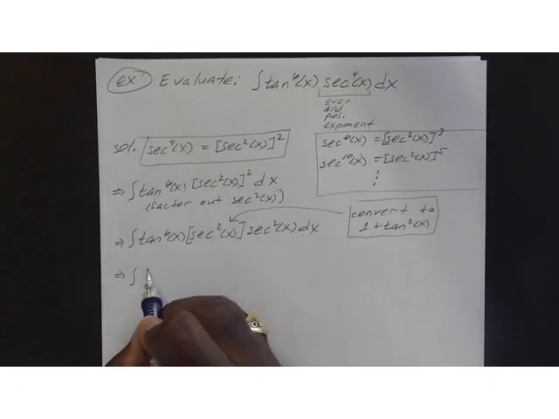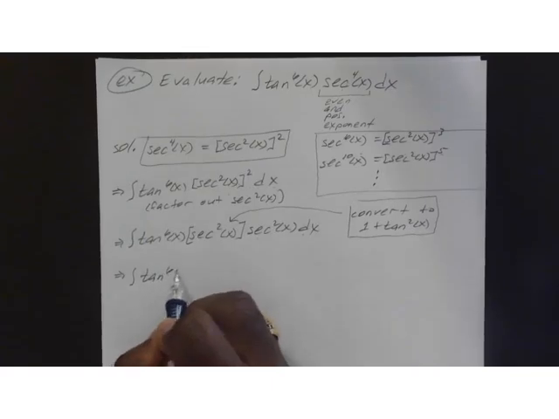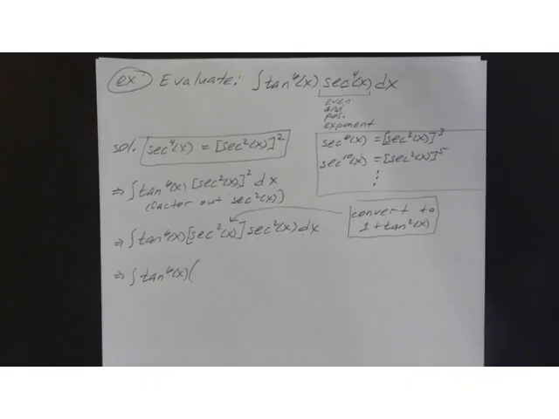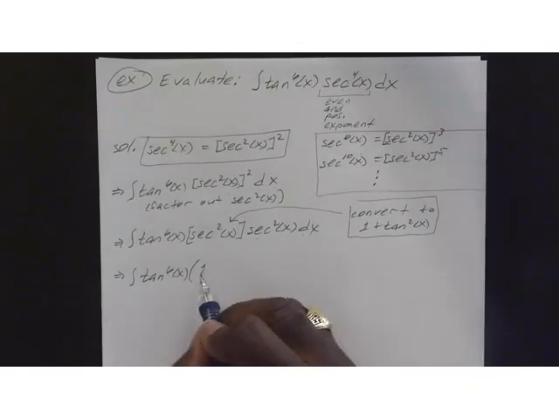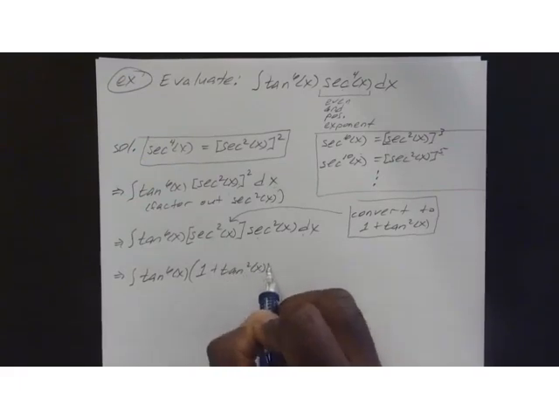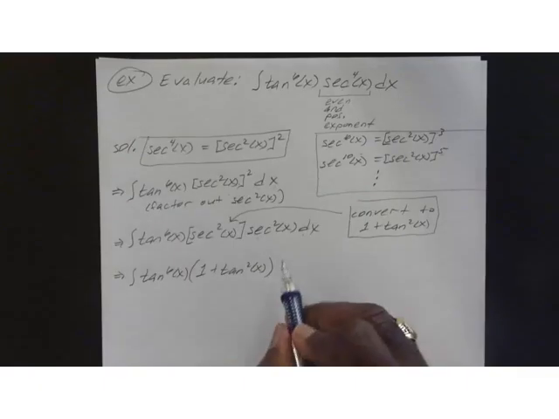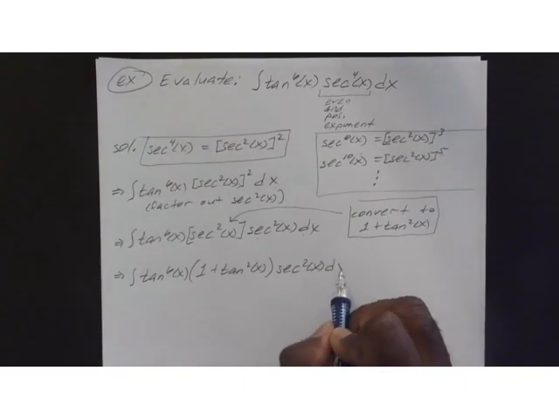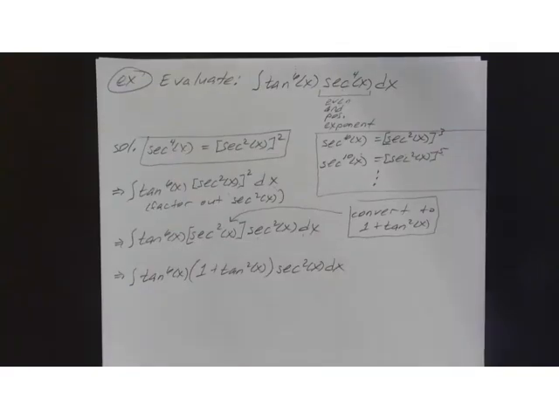So we have the integral of tangent to the 6th power of x times 1 plus tangent squared times secant squared of x with respect to x.